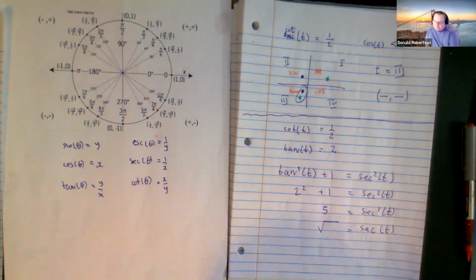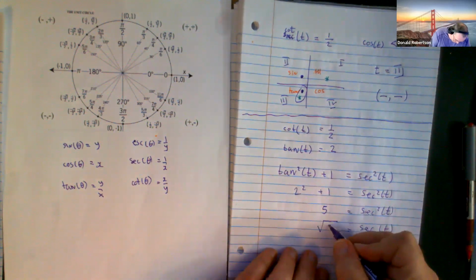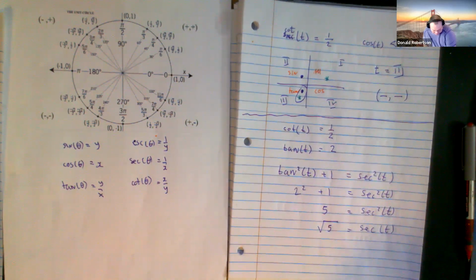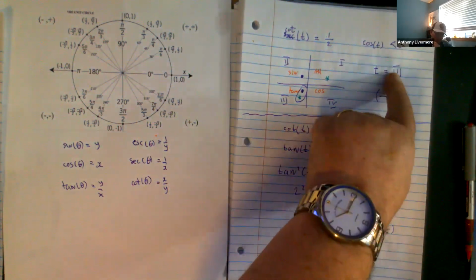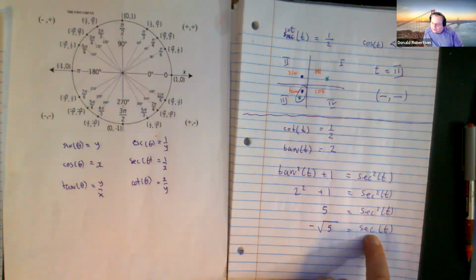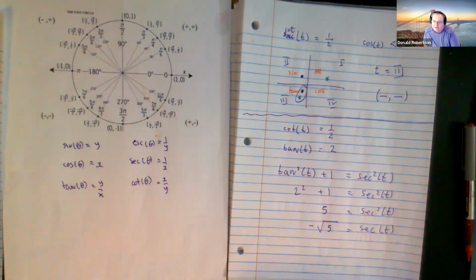Agreed? And the answer is positive or negative. Agreed? Which is it going to be? Is the secant going to be positive or negative? Negative. Agreed. Are you all comfortable? If you're in the third quadrant, that's just the same as a cosine, and the cosine's negative.